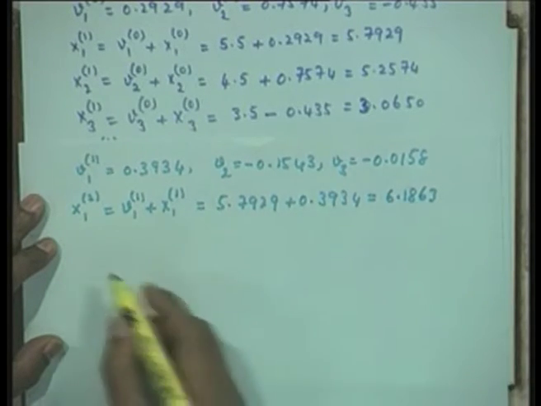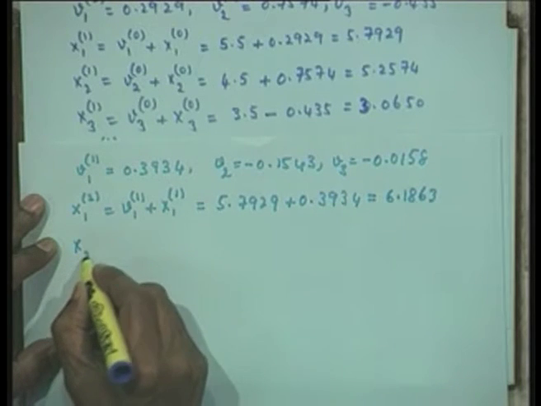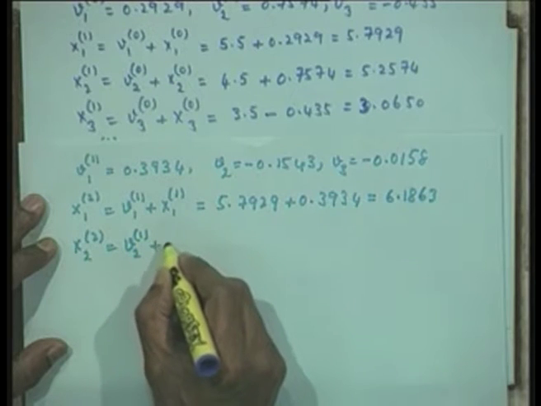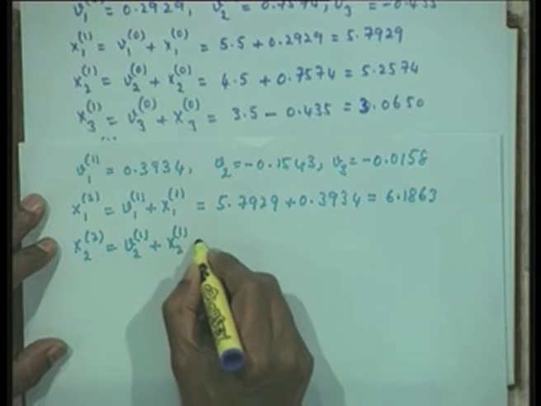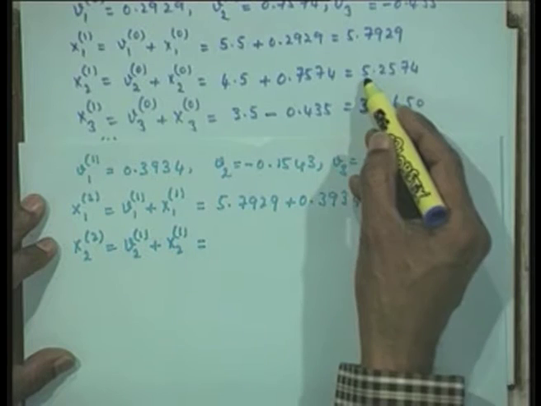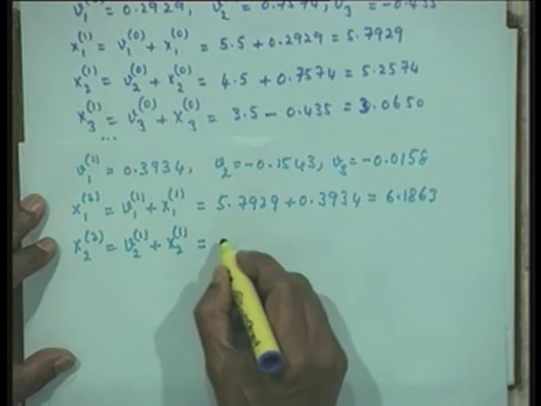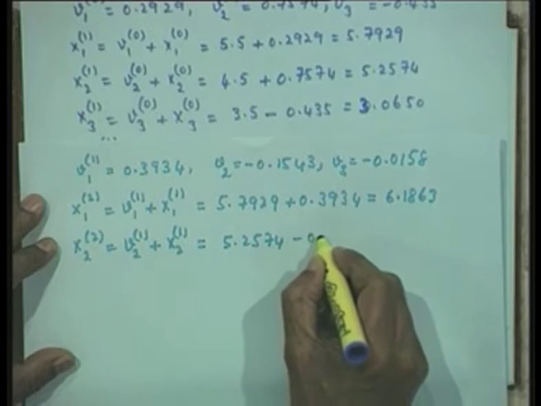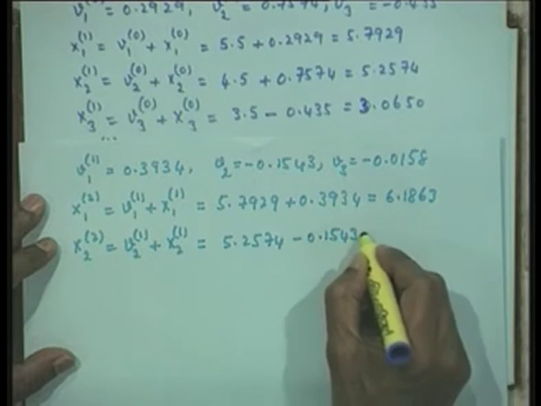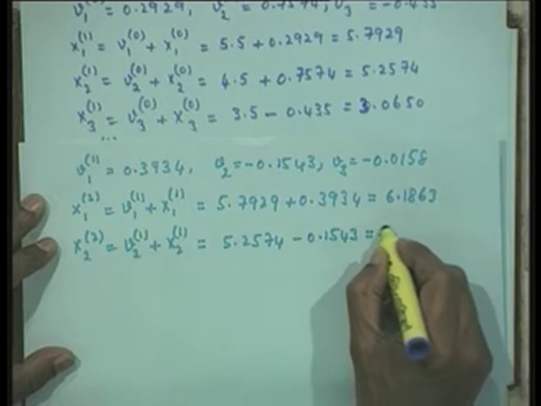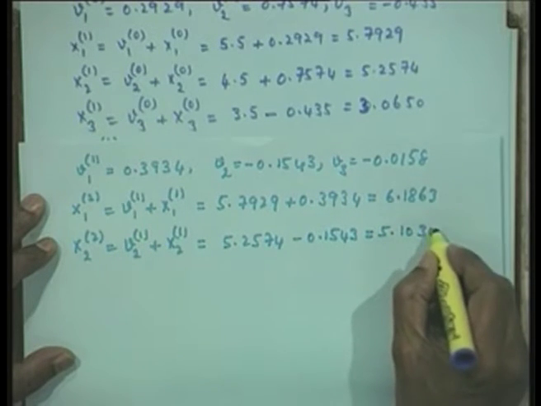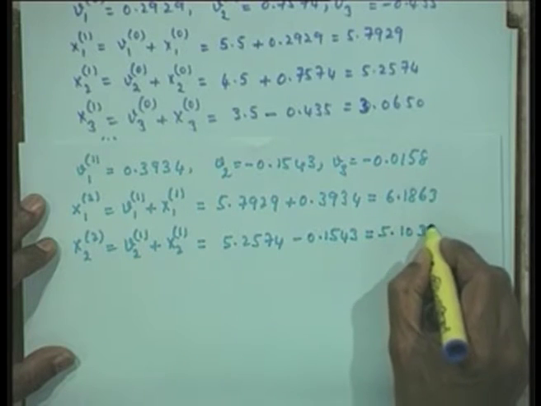Yes, 6.1863. Then x2 2 is V2 of 1 plus x2 1. The value of the previous iterate was 5.2574. So, I will have 5.2574 minus 0.1543, that is 5.1031.